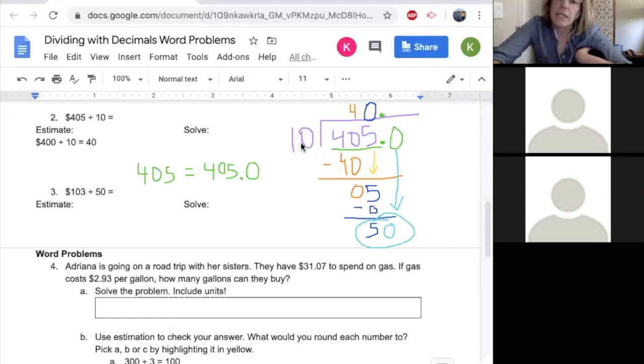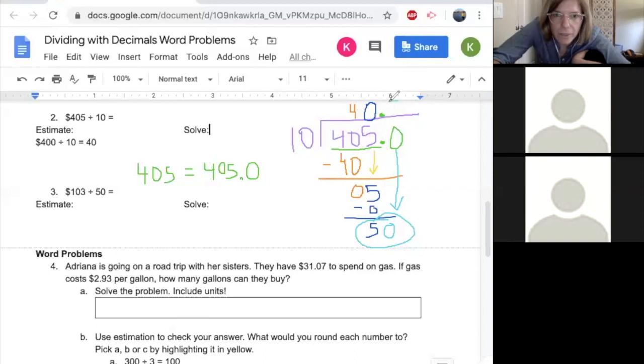All right, Chips, how many times does 10 go into 50? 5. Great. Where do I put the 5? On top of the 40, on top of the 5 here. Good. On top, right here.